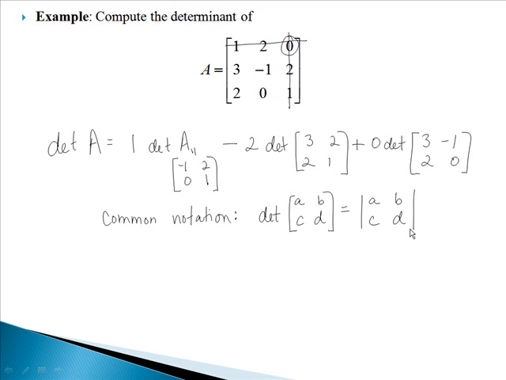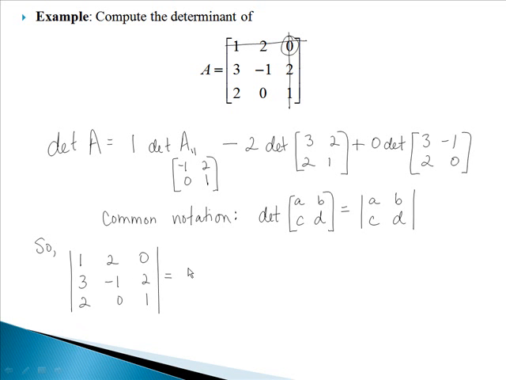And when I write this, it means that I want to take the determinant of what's inside of it. So we could rewrite the determinant of A by just writing the matrix A inside these bars. And that notation would tell us we want to take the determinant of that.